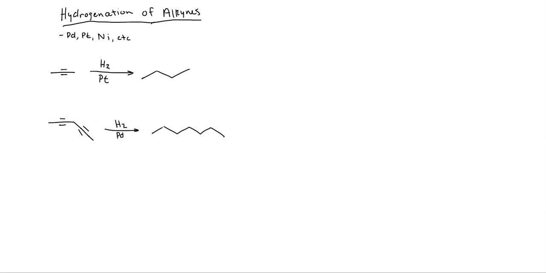The interesting thing comes whenever we are trying to get just an alkene. Let's say we just want an alkene. There are 3 different ways that we can get just an alkene. I'm going to move this over so we can have a little bit more room here. These are the ways that we can get an alkene.